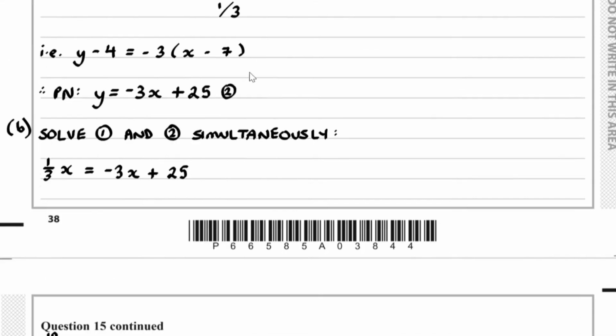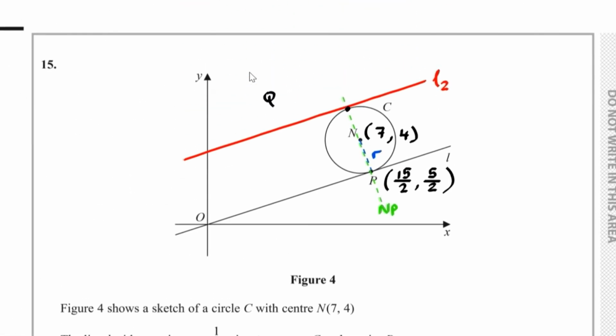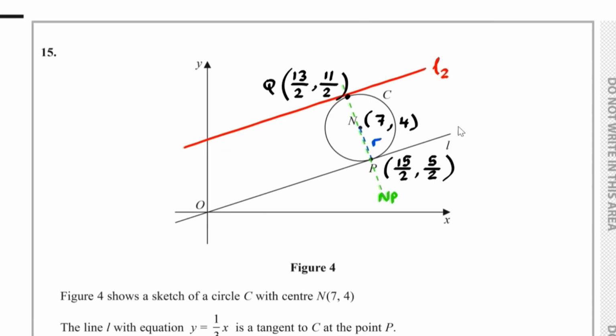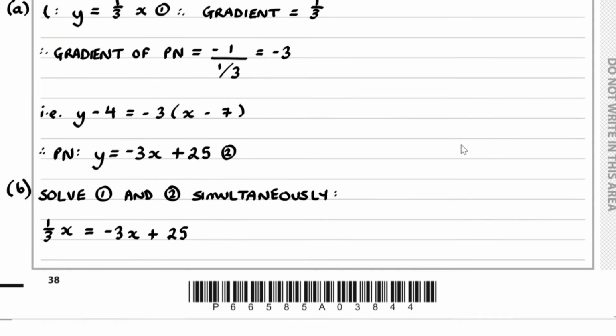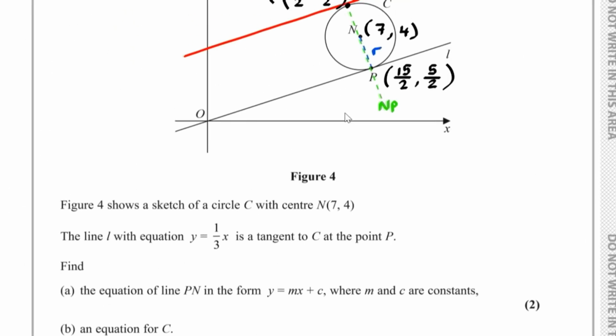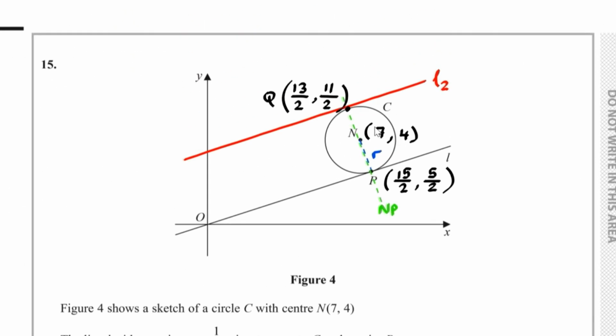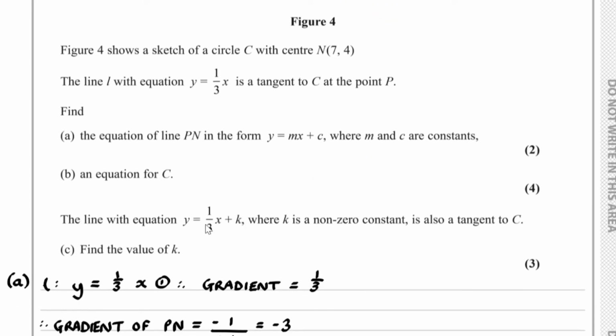So if I add on those coordinates, we'll leave them as fractions for now. We've got 13 over 2. And then we've got 11 over 2. Now, if we substitute this point into y equals a third x plus k, we can find the value of k.